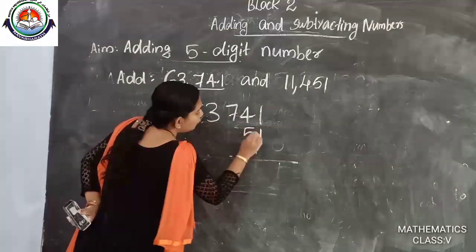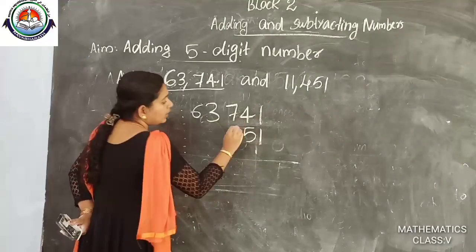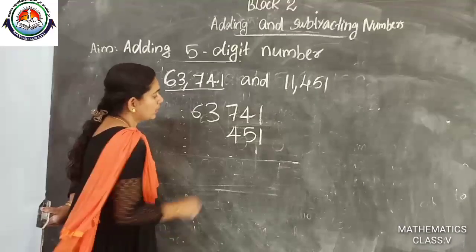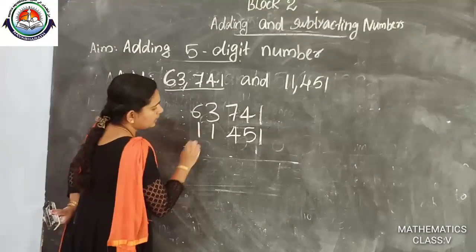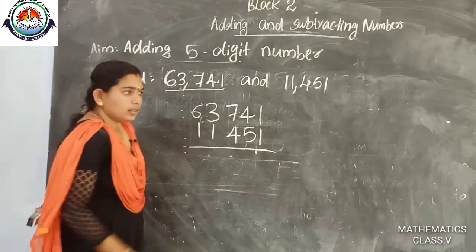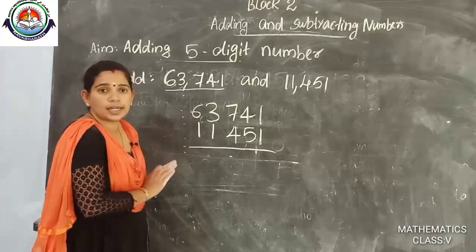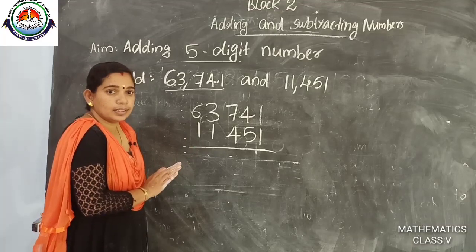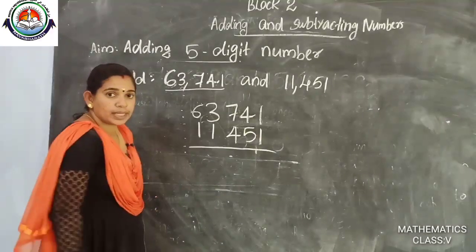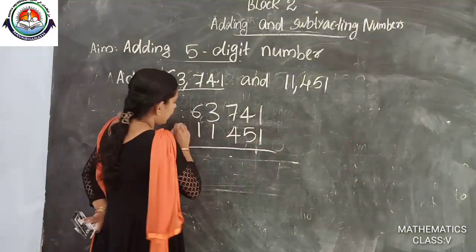Second 5. Then 4. Then 1. Then 1. Okay. Here we are not drawing the place value chart. And in the same way we are adding.